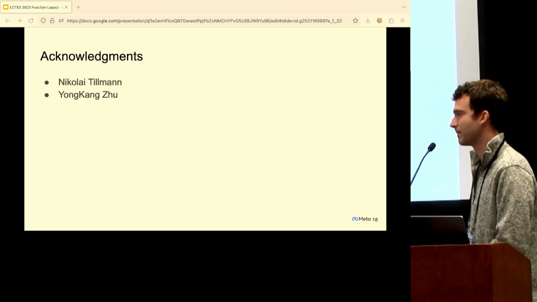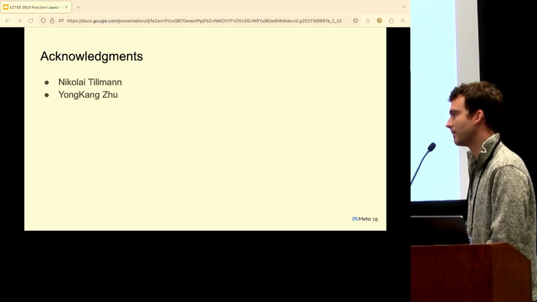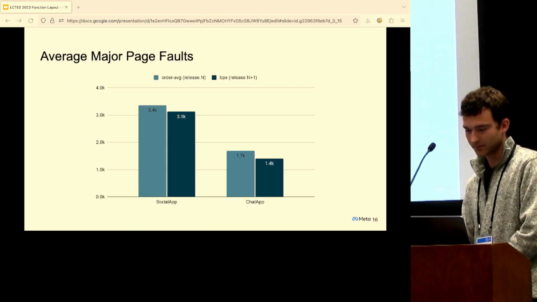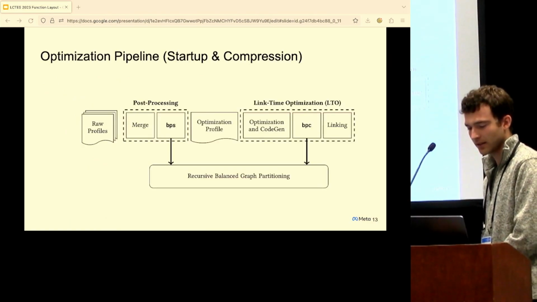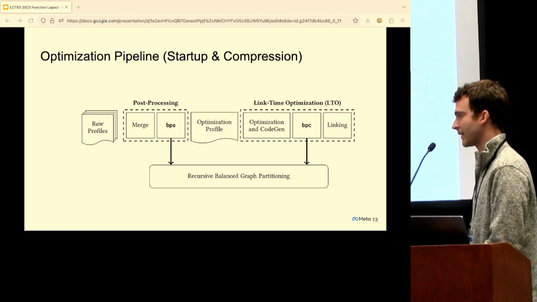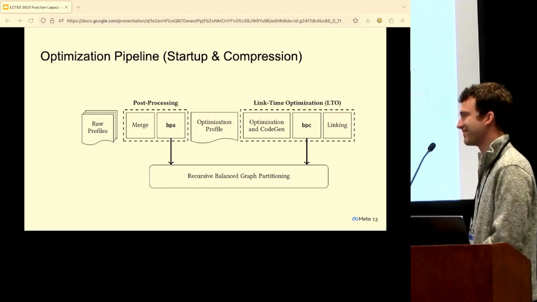LLVM is an umbrella of many different modules, and where your BPC is actually fitted into the LLVM... Is it the linker or where? Yeah, so in this slide, we run BPC just before linking using custom code.